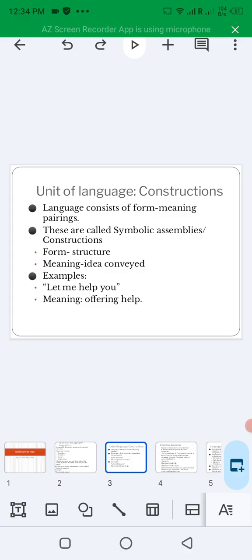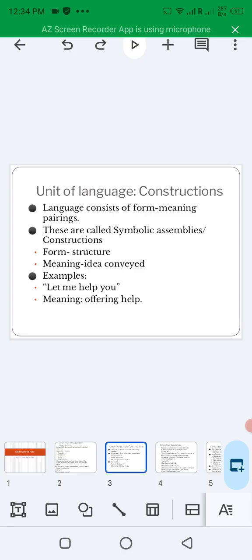If we talk about the word dog, its form is the sound pattern dog, and the concept conveyed is a domesticated animal. Thus, the word dog itself is a construction.